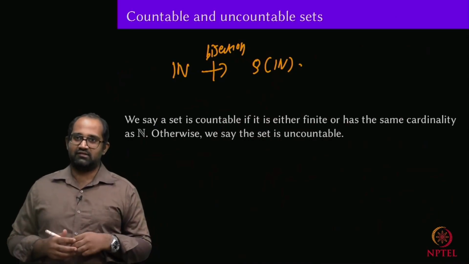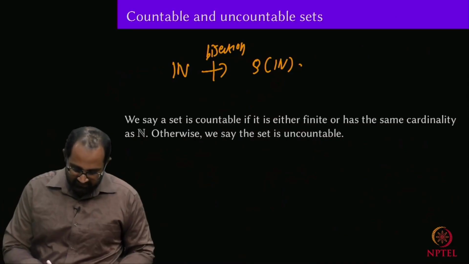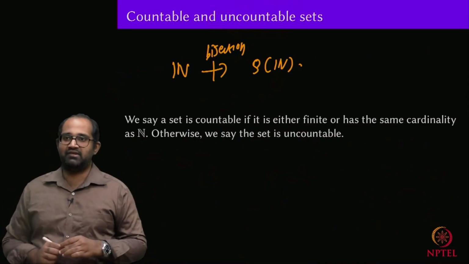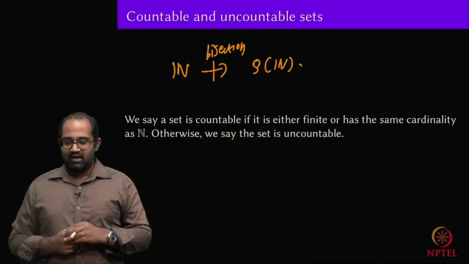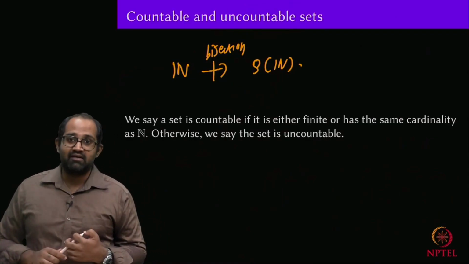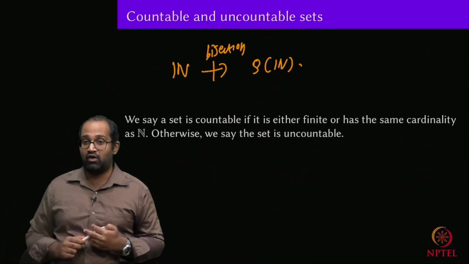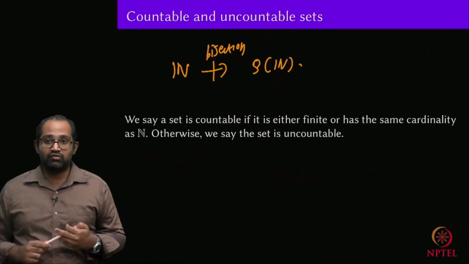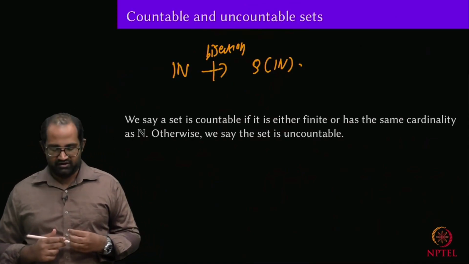Because of this, there are things called uncountable sets. Power set of N is the first example of an uncountable set. A bit down the line, we will show that the real numbers which you have been studying for a long time are also uncountable. So, let's have the formal definition.